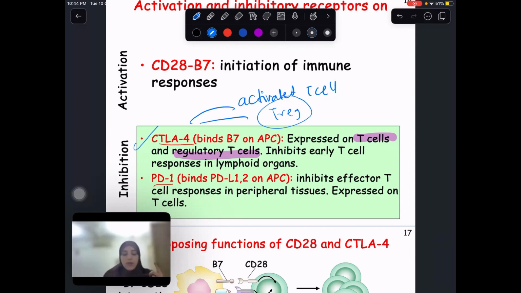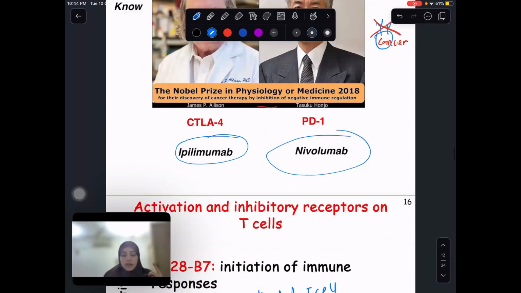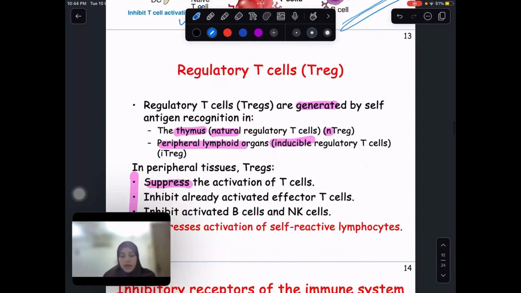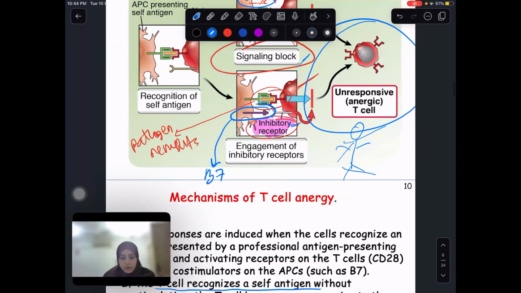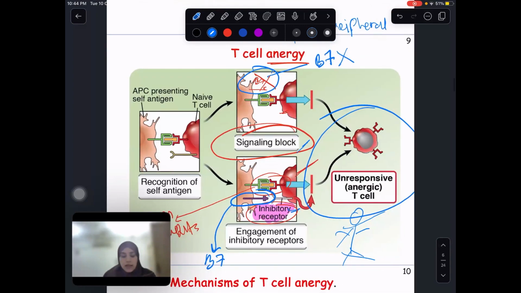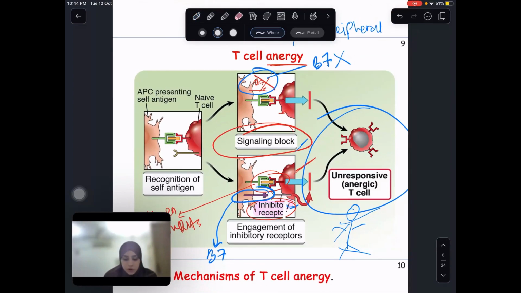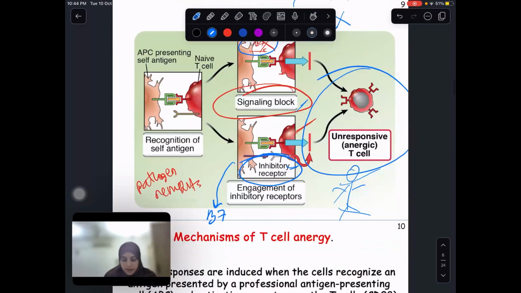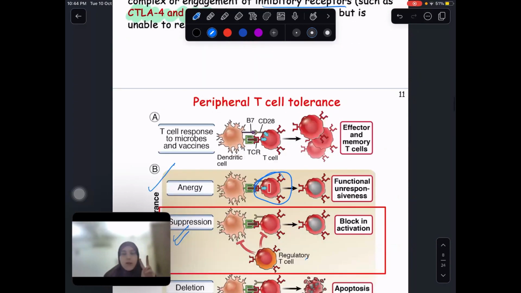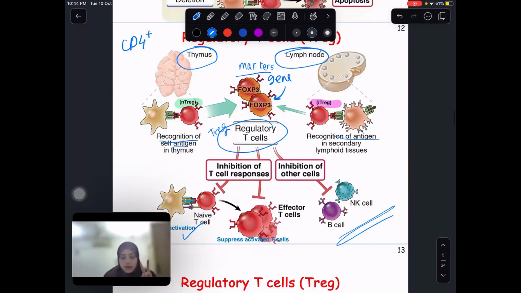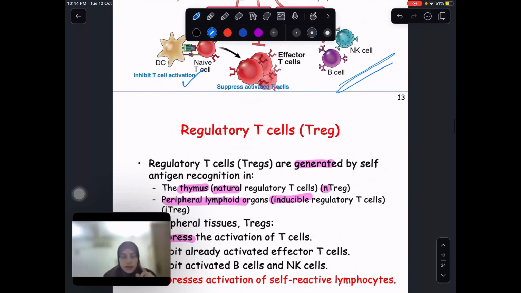Where did we talk about the activated T cells? In T cell anergy. You remember I told you we would incorporate inhibitory receptors. So CTLA4 is expressed on two different cells, the activated T cells and the Treg. Keep that in mind.